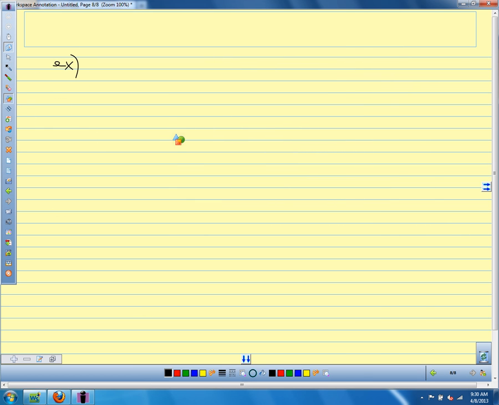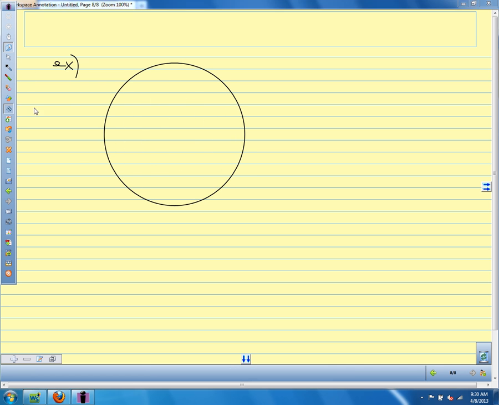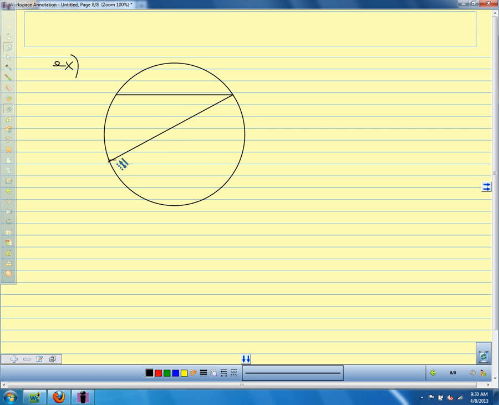So here's our circle for this one. A little bit different this time. And this is 36 degrees. For this problem, we know that segment AB is parallel to segment CD.